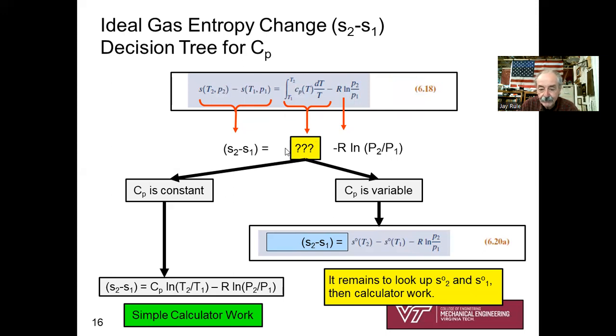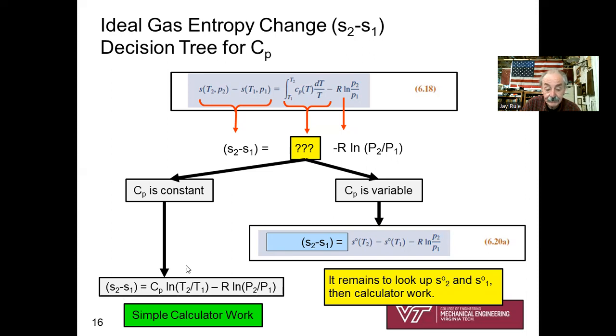We've got question mark here. If Cp is constant, I've got an easy integral. As we go down this left-hand branch, I'll pull Cp out of the integral, integrate dT over T, which is natural log of T from state 1 to state 2.